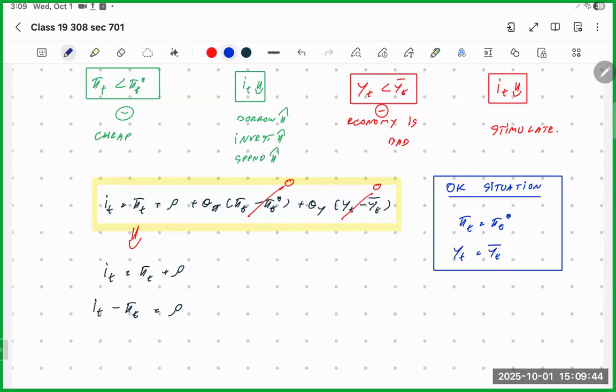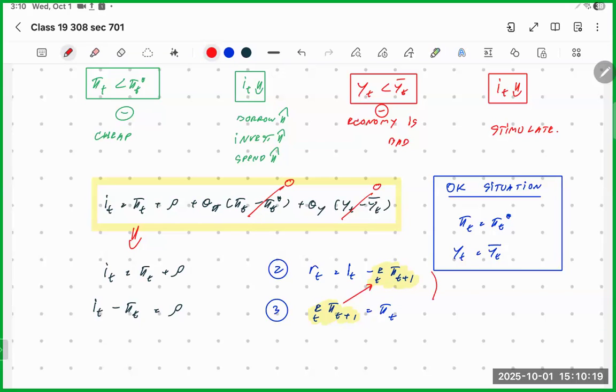If I bring equation 2, the Fisher equation here, RT equal to IT minus expected t pi t plus 1. If I bring equation 3 here, adaptive expectation, expected t pi t plus 1 equal to pi t. Then you can see that equation 3 and equation 2 have common terms. I can simply plug equation 3 into equation 2.